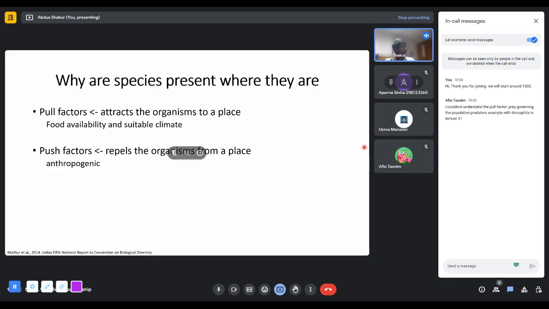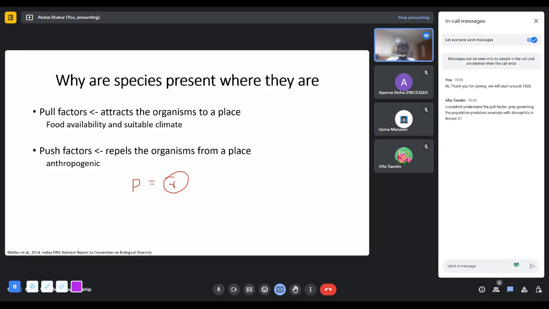Earlier you asked how prey governs the population of predators. If you look at it in terms of predator, let's say predator is P and prey is R. Wherever there is prey, the predator will also go, right?